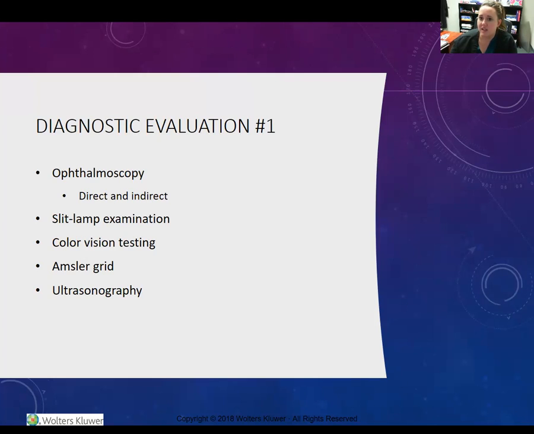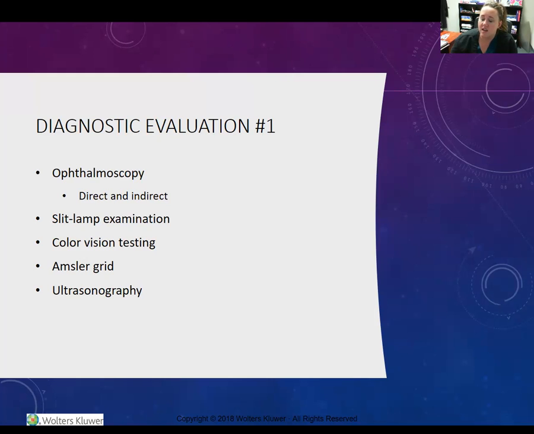So what are some diagnostic evaluations we have? Obviously ophthalmoscopes. We can have direct and indirect examinations. Examine the cornea, the lens, and the retina. The slit lamp, I'm sure you guys have all been to the optometrist and you see that little thing where they shine that really bright light through a small slit.